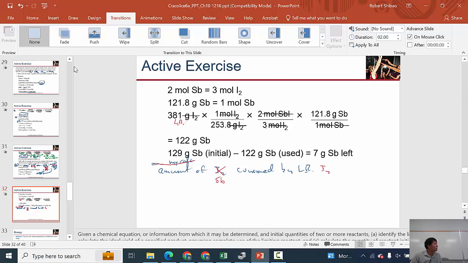Oh, excuse me, this is the limiting reagent here, and this is the excess reagent. To grams of antimony. And so this is 122 grams of antimony consumed by the LR being 381 grams of iodine.